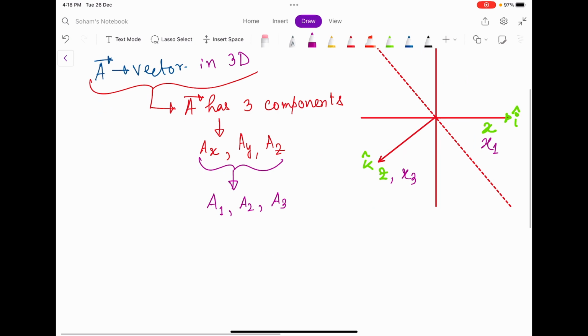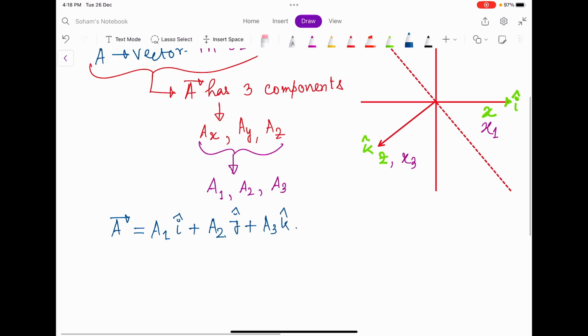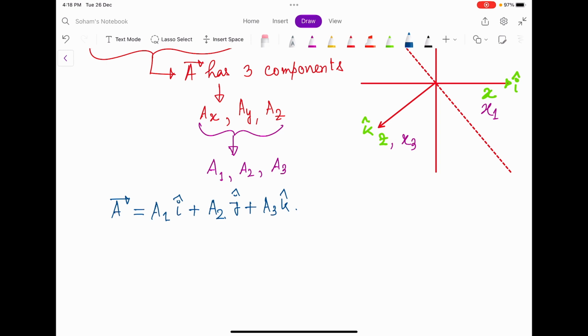So I can write this vector as a1 i cap plus a2 j cap plus a3 k cap.